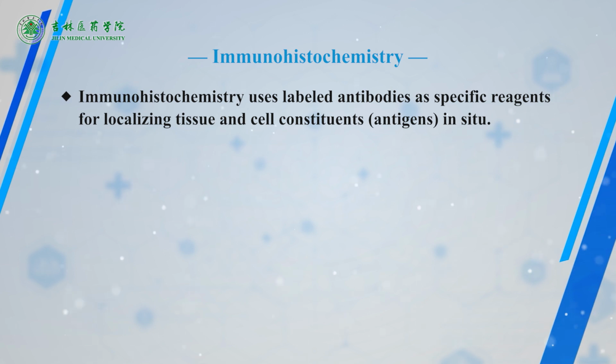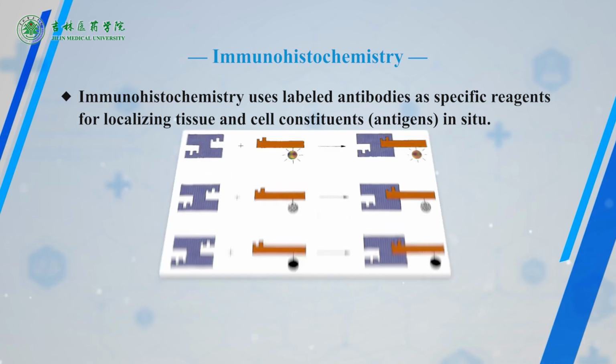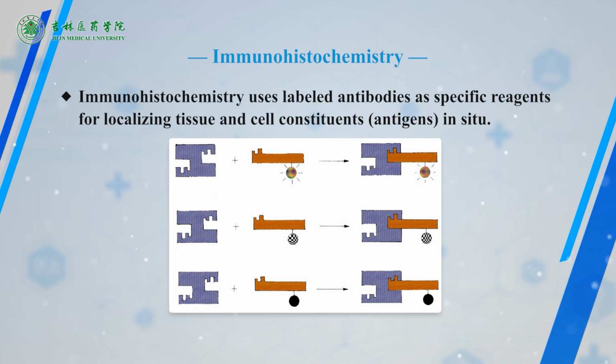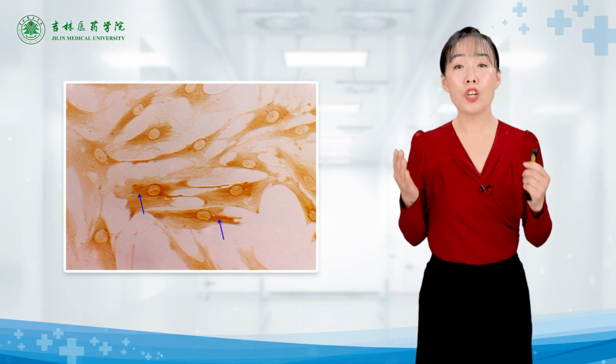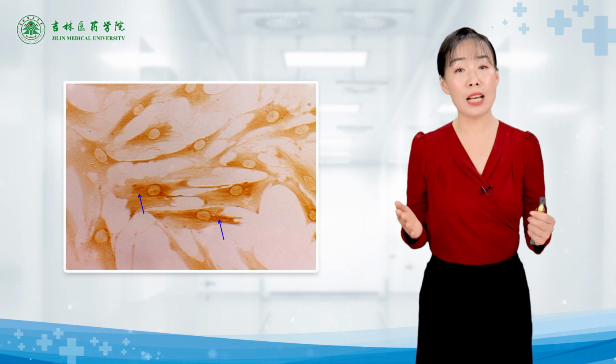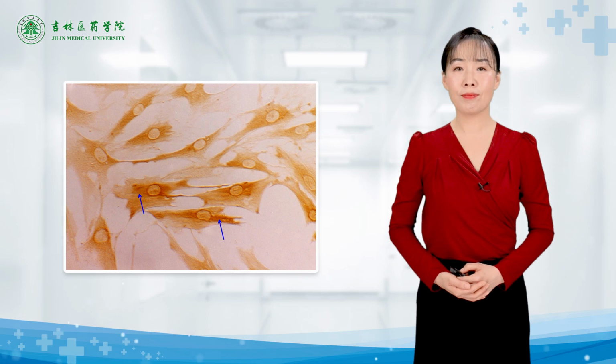Immunohistochemistry uses labeled antibodies as specific reagents for localizing tissue and cell constituents, antigens, in situ. Immunohistochemical staining shows that the smooth muscle cells are actin positive.